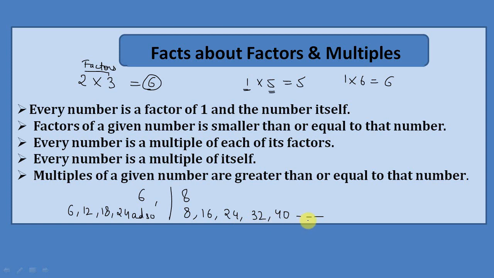So always remember one thing, multiple of a given number are always greater than or equal to that number, and factors of a given number is smaller than or equal to that number. This means factors हमेशा एक given number के उससे छोटे हो सकते हैं या उसके equal हो सकते हैं, and multiple एक given number के या तो उसके equal हो सकते हैं या उससे बड़े हो सकते हैं.